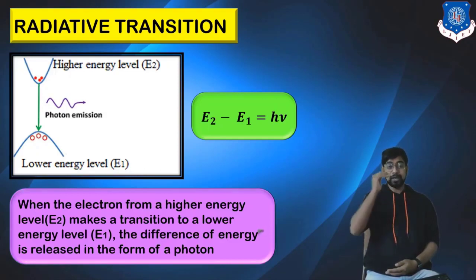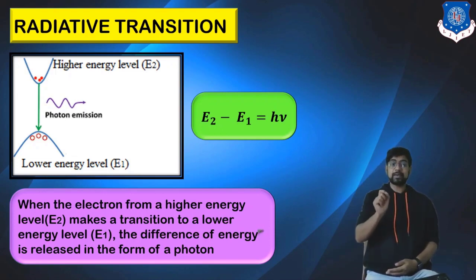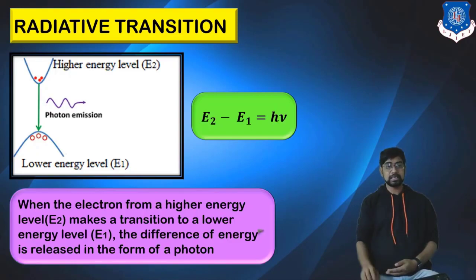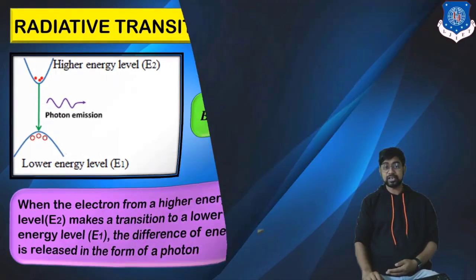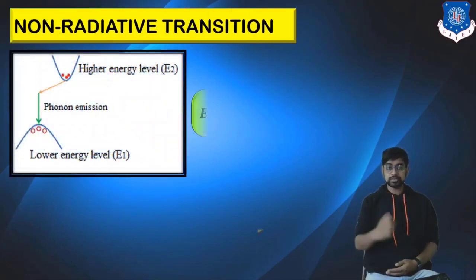When the recombination process occurs, the electron from the higher energy state comes down to the lower energy state and releases the energy in the form of a photon. So E2 minus E1 is equal to hν. When the electron from the higher energy state E2 makes a transition to the lower energy state, the difference of the energy is released. So this is basically a radiative transition, because a photon is generated.